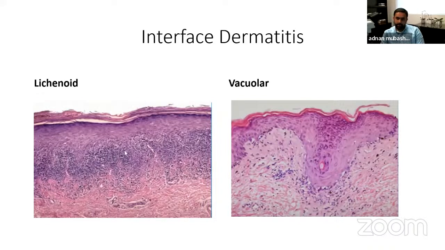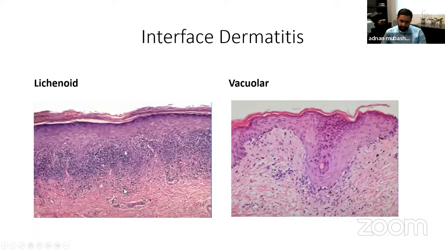The next reaction pattern of those four is interface dermatitis. Interface reaction pattern has two sub-patterns: one is lichenoid reaction pattern, and one is vacuolar interface dermatitis. In the lichenoid, the one you see on the left side of the image, you see this dense lymphocytic inflammation that is hugging the dermal epidermal junction and obscuring the demarcation of the epidermis from the dermis.